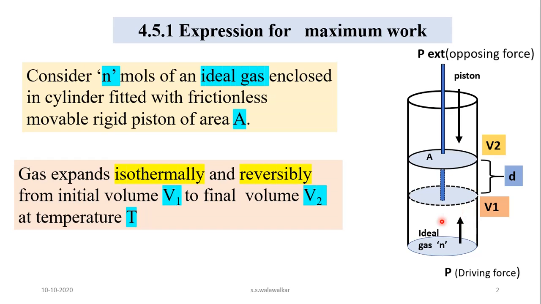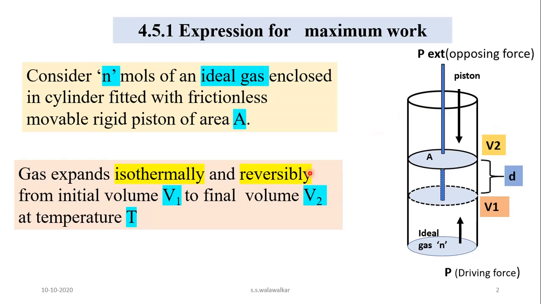As the gas expands, it pushes the piston in the upward direction, and therefore displacement of the piston takes place through a distance d, and the volume of the gas increases from V1 to the final volume V2.